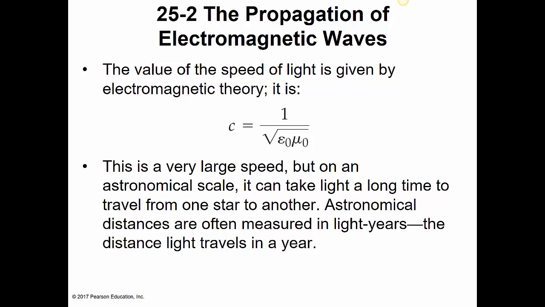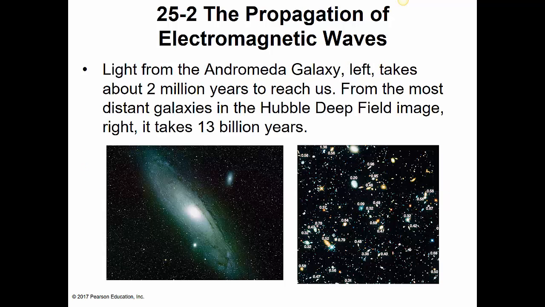It can take light a long time to travel from one star to another. Astronomical distances are often measured in light years. A light year is not a unit of time. It is the distance light travels in 1 year. Light from the Andromeda galaxy takes about 2 million years to reach us.